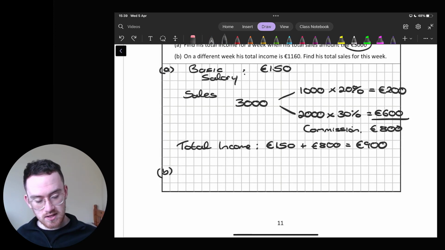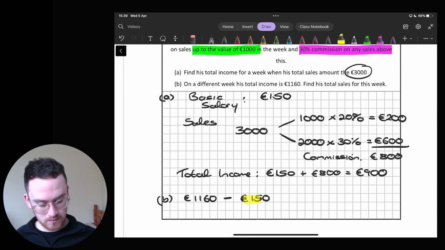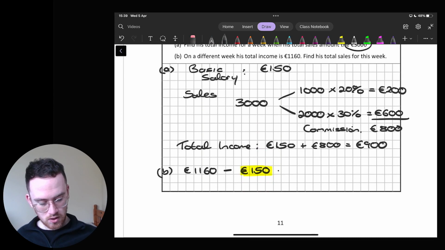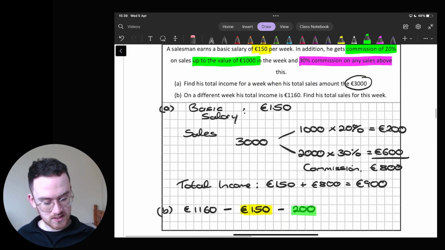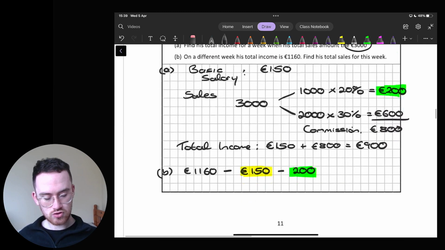So let's take away the things that we do know. So the total income is 1,160. We know that he definitely got that basic salary of €150. Okay, that was the one we had in yellow at the top. Definitely got that. So let's take that away. We also know that he definitely had some sales at that first commission rate. That was the rate of 20%. And we know that that's 200 here. Okay, we know that that gives him €200.